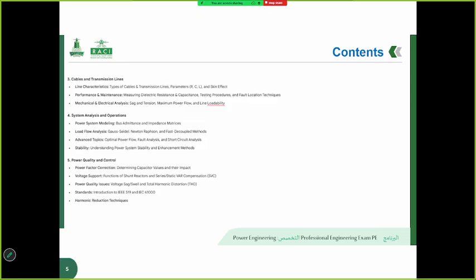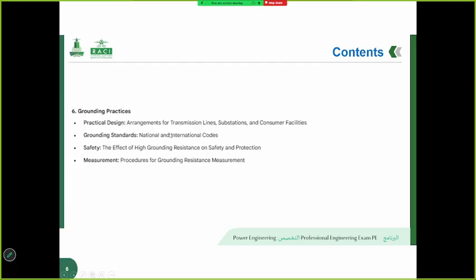Standards, I will introduce important international standards like IEEE 519 and IEC 61000 that govern power quality. Harmonic reduction techniques, lastly, we will explore practical techniques for reducing harmonics in power systems.